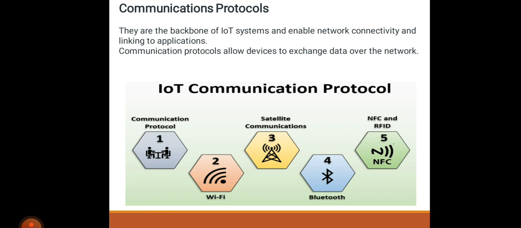There are Transmission Control Protocol, that is TCP, then Internet Protocol, IP, User Datagram Protocol, that is UDP, then Post Office Protocol, POP, Simple Mail Transfer Protocol, SMTP, then File Transfer Protocol, FTP, Hypertext Transfer Protocol, HTTP, then Hypertext Transfer Protocol Secure, HTTPS. These are the types of protocol.